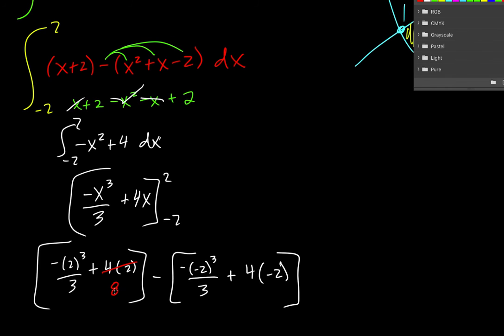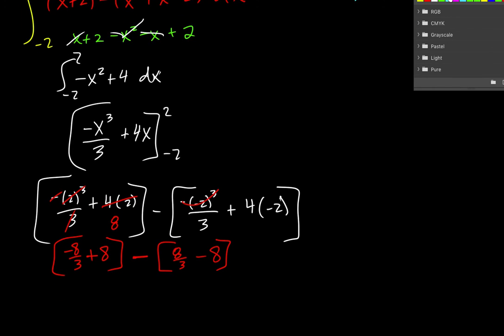So this becomes 8. This becomes negative 8 thirds. So I have negative 8 thirds plus 8 minus, this will be negative 8 times a negative, so that's positive 8 thirds. And this is going to be negative 8.